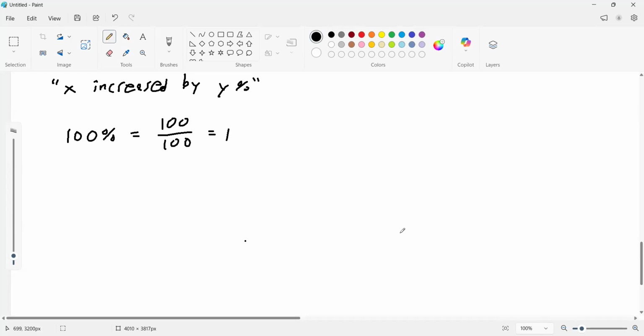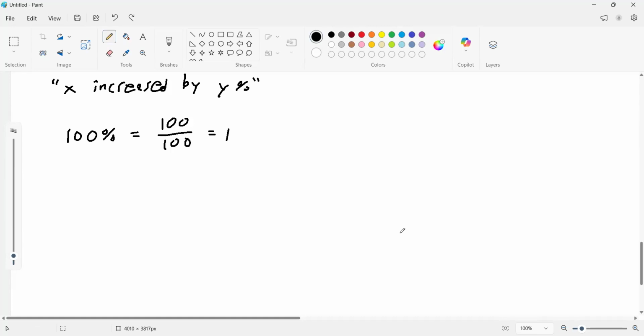It's the number one. It's whole. So the value of 100% is basically just the number one. Taking 100% of something means simply taking all of itself. So 100% of 10 is just 10 because that's all of 10. It's 1 times 10.